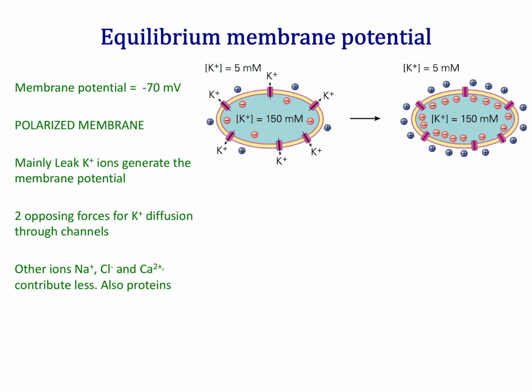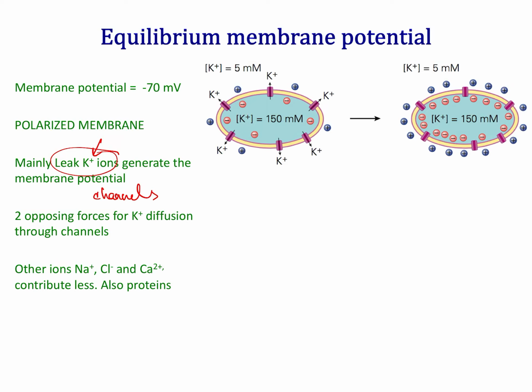The cell membrane is then called polarized because it has an electrical gradient across it. And this electrical gradient is mainly established by potassium leak channels. So there are two forces here.